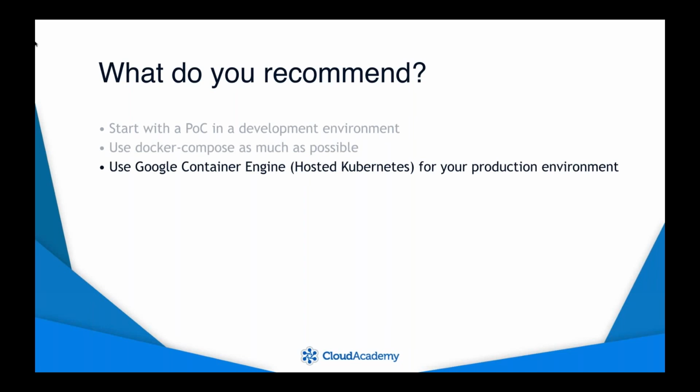This one is my own personal opinion: right now, the easiest way to get a production-ready infrastructure is to use Google Container Engine, which is a hosted Kubernetes. If you're not familiar with Kubernetes, I suggest you check out part 2, where we talk about these orchestration tools.